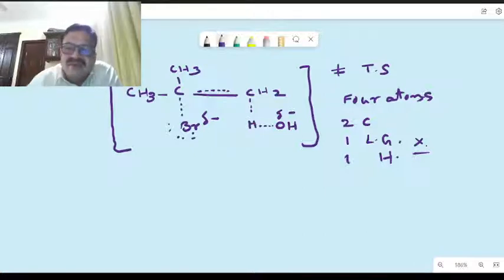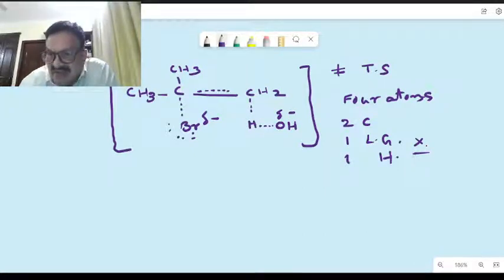Now all these atoms should be aligned or oriented in a single plane. Most important point, single coplanar. All these atoms, that is 2 carbon atoms, 1 leaving group X and 1 hydrogen, are aligned in a single plane.